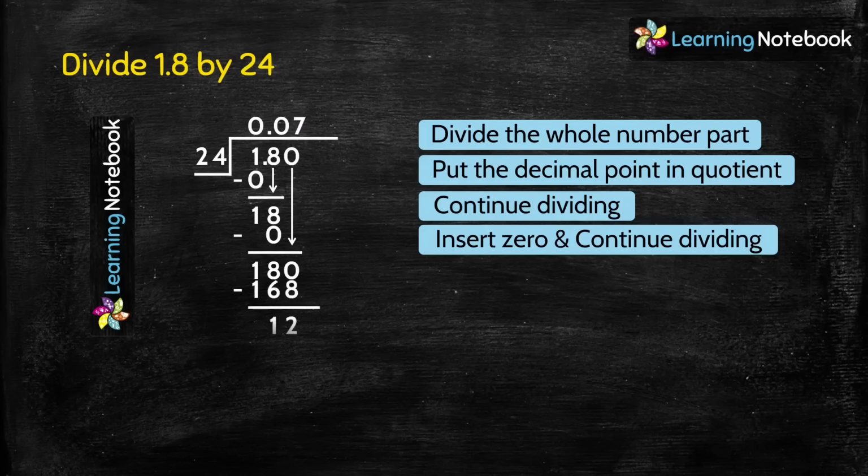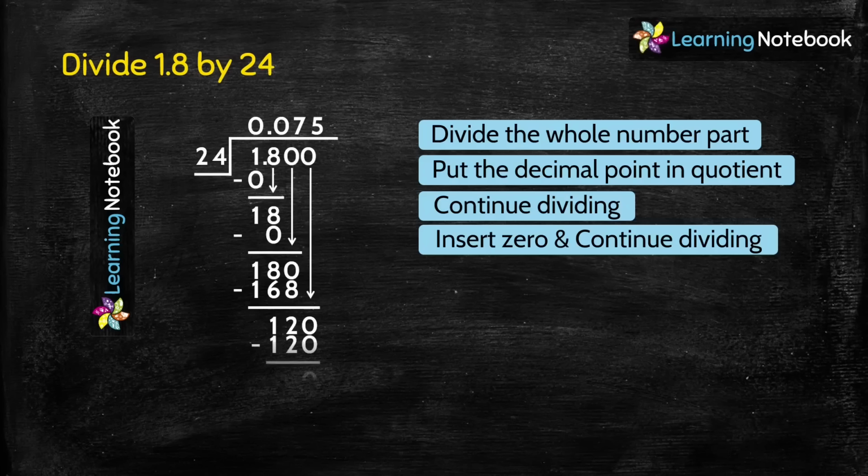24 into 7 equals 168, and 180 minus 168 equals 12. Now the remainder is 12. So again, to continue with the division, we will insert one more 0. So let's copy next digit 0, and now we have to divide 120 by 24.